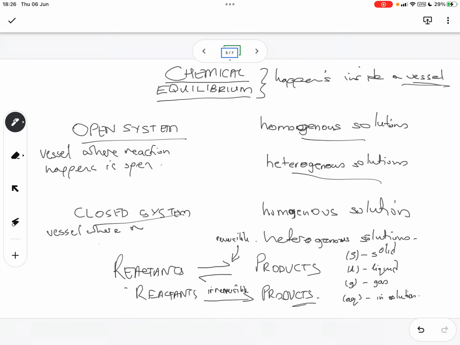And in a closed system, the vessel where the reaction happens is closed.